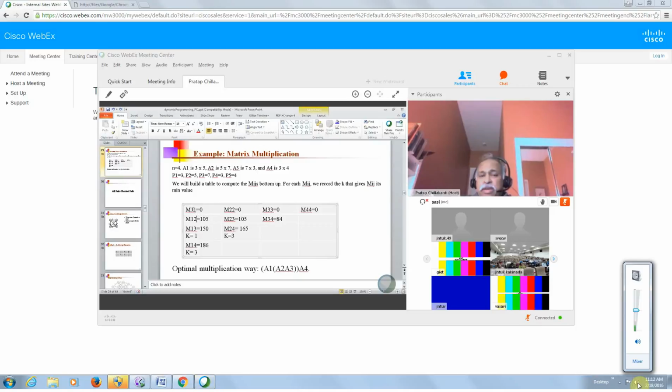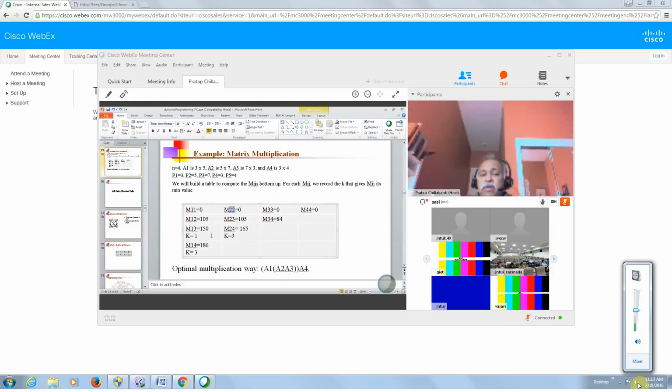So you can easily, if you look at the column wise here, you're seeing M11, M12, M13, M14. Then for 2, you're doing the same thing, M22, M23, M24. Okay, and then for M3 and M4. So you get a matrix of this shape.